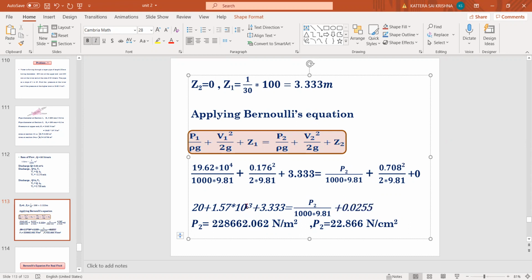After that, you'll get your P2 value. P2 equals this value. Then in centimeters also you can write.